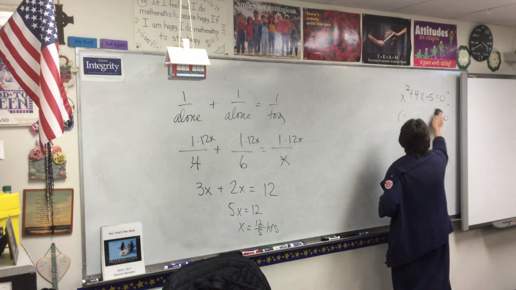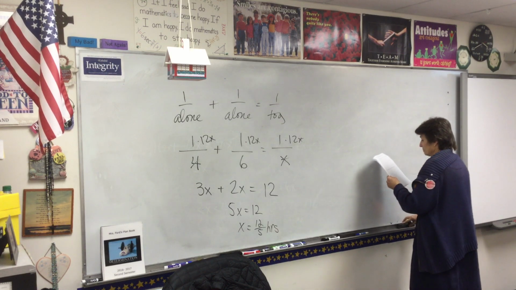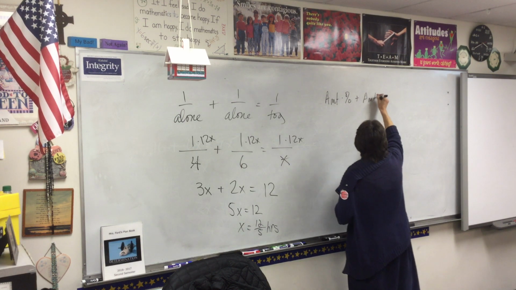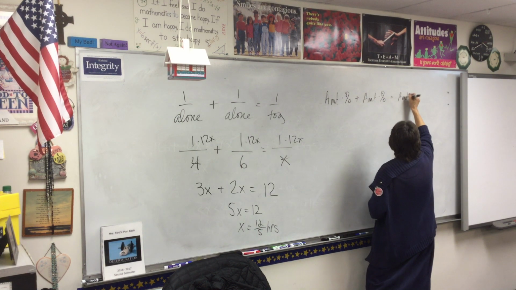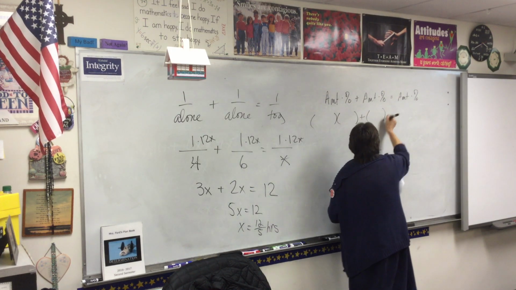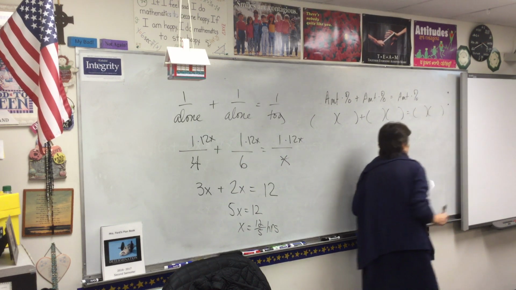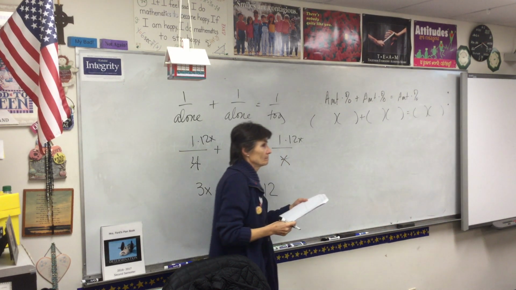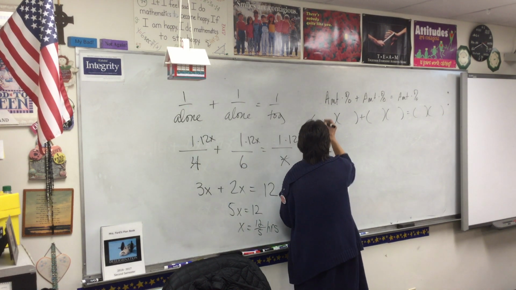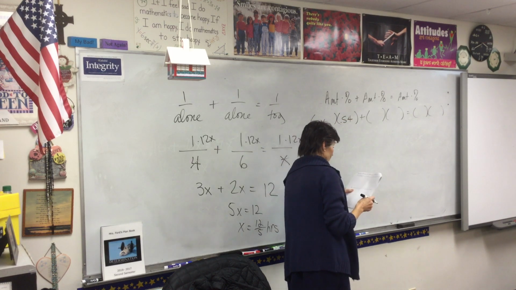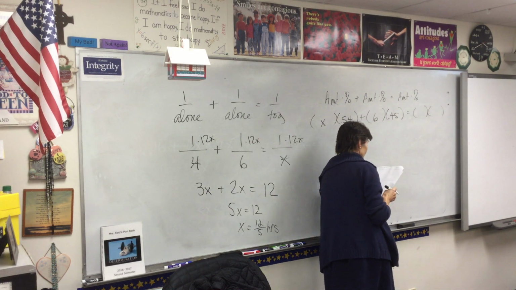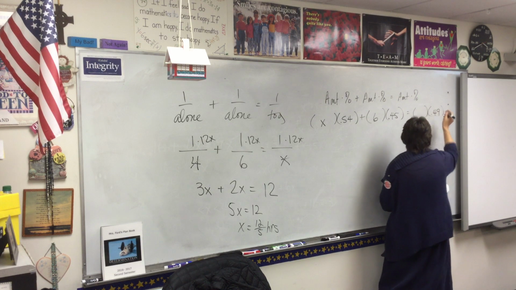And then our review problem. How much 54% must be mixed with 6 quarts of 45% to get a 49%?